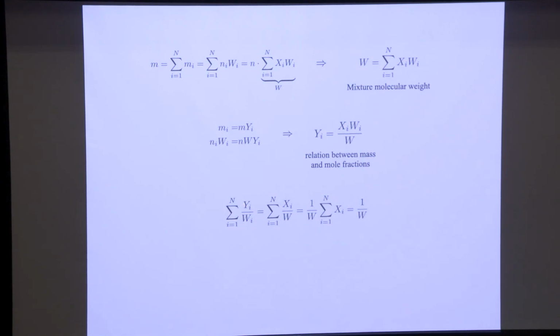When you use the mass fraction, the ratio ends up being 1 over the molecular weight. So the relation to the mixture molecular weight is different. It can be summarized in this relation. It's important to remember or to know that.